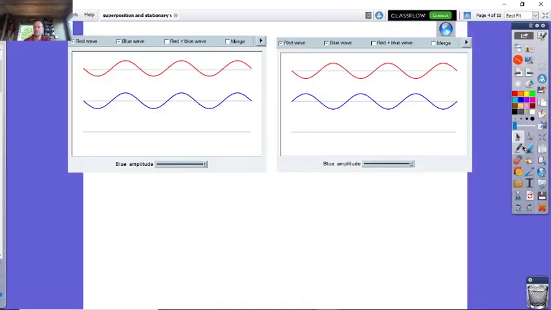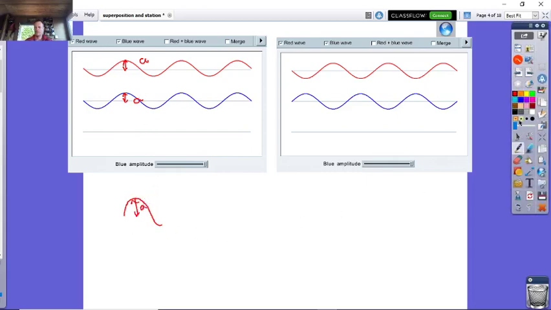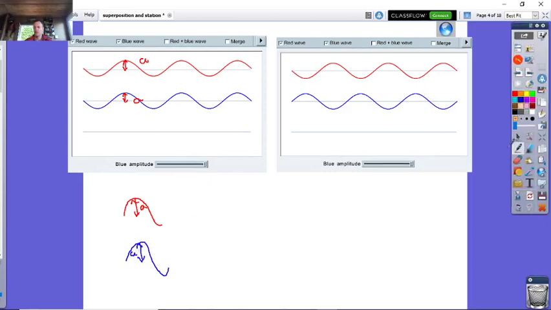I've got this scenario where I've got the wave in red and the wave in blue. Now, we take this to be the equilibrium position, and the amplitude here I'm simply going to call A, which means that distance there also is going to be A. So when you add these two waves together, the first wave goes up and down like this, with amplitude A. And this wave, which I'm going to make in blue, goes up and down here, and also has an amplitude A. Now, when you superimpose these two waves together, it then makes sense.